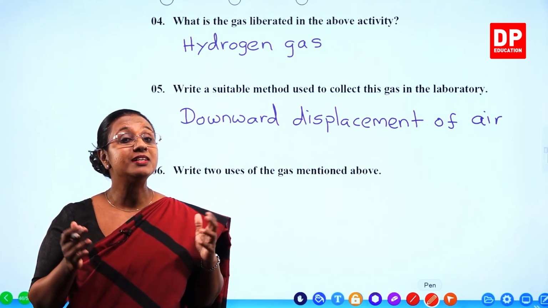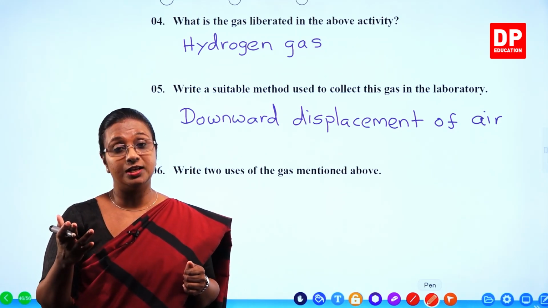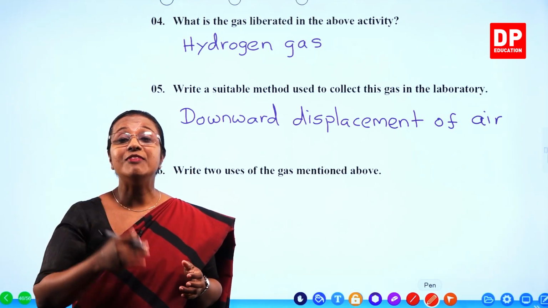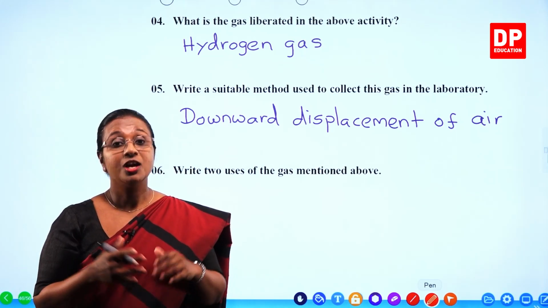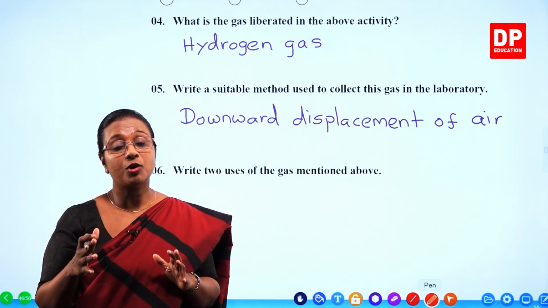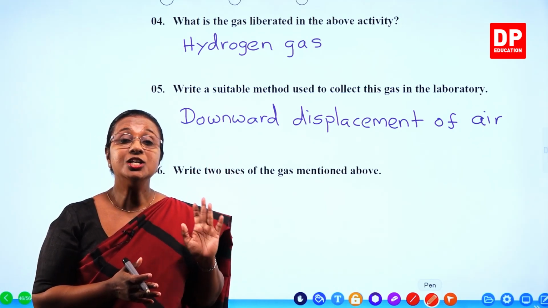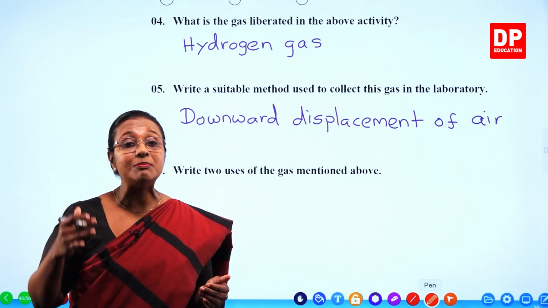Then hydrogen, because it is a combustible gas, it is used as the rocket fuel for rockets. And also when we carry out reduction reactions in organic chemistry, to reduce organic molecules, we can use hydrogen. So those are the uses of hydrogen gas. Even we use hydrogen to fill balloons.